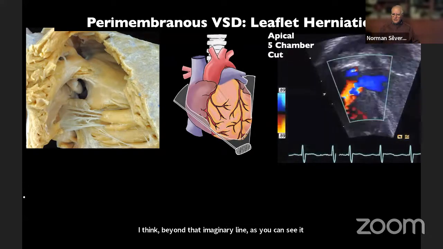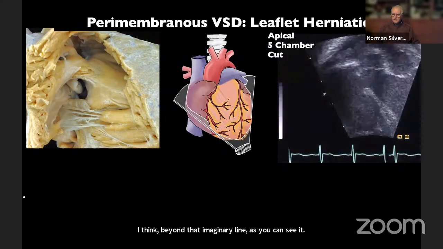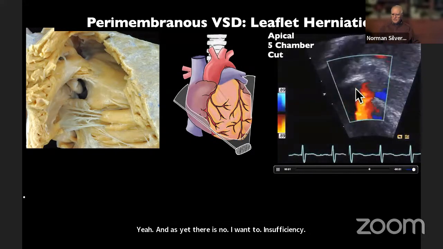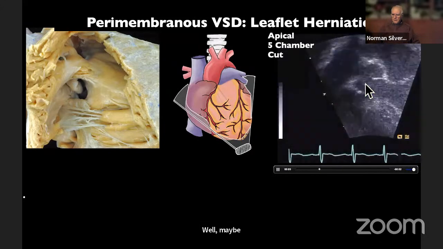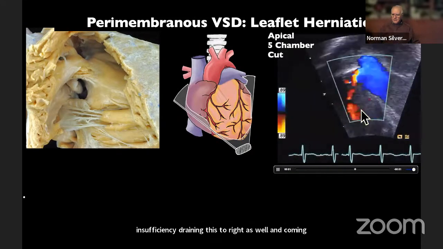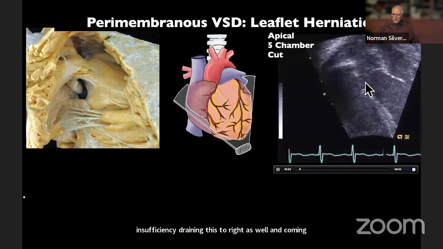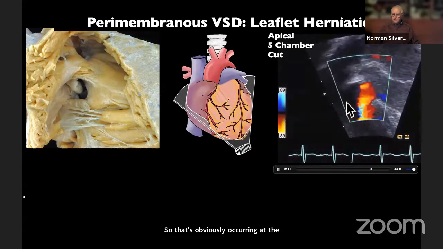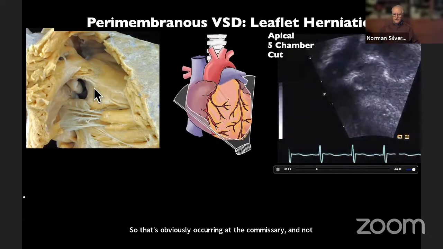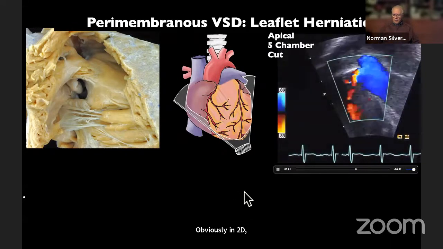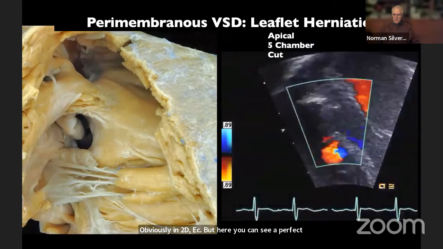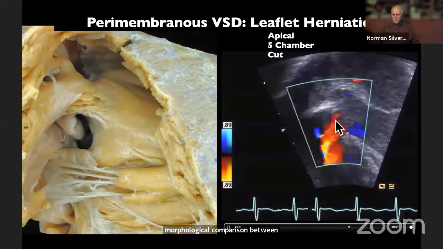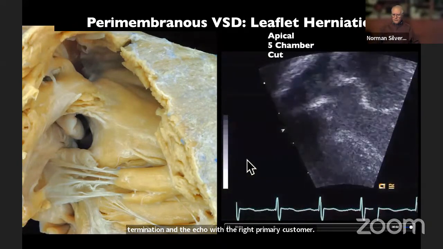And as yet, there is no aortic insufficiency, or maybe there is a tiny little bit of aortic insufficiency draining left to right as well, coming off the base of this herniated cusp. So that's obviously occurring at the commissure and not through the cusp directly, obviously in 2D echo. But here you can see a perfect morphological comparison between the specimen with its herniation and the echo with the right coronary cusp herniating through the defect.